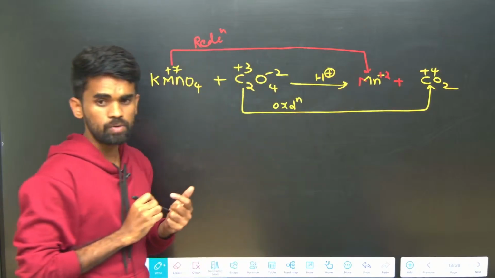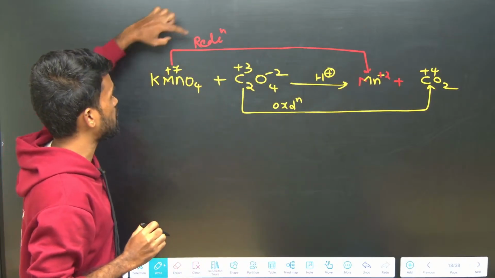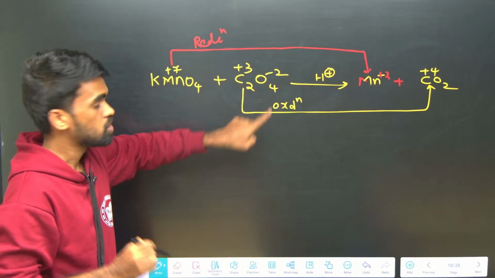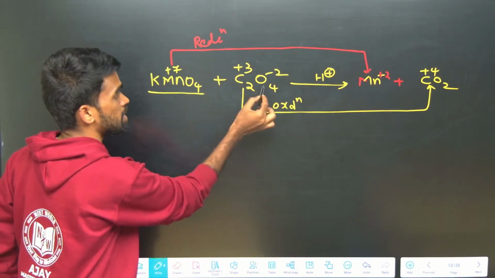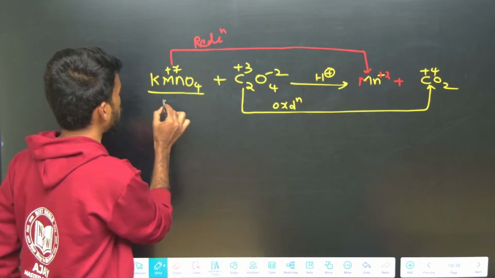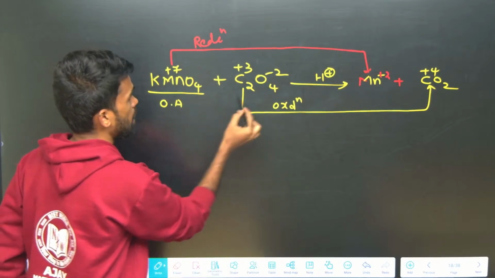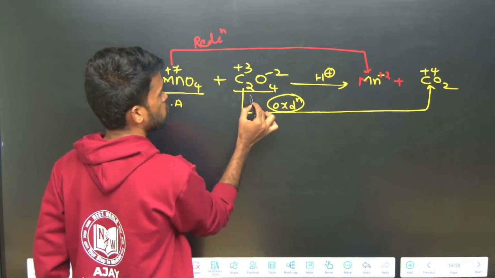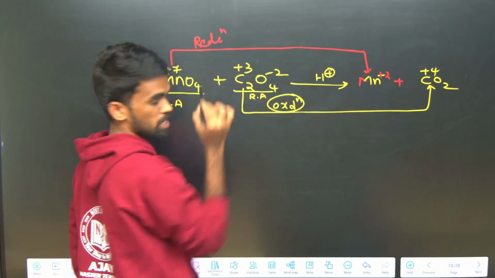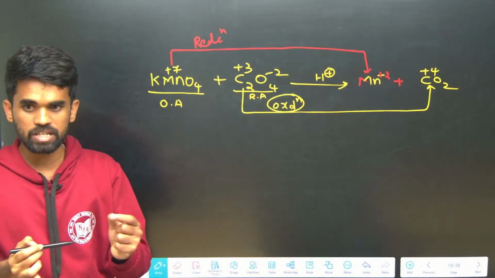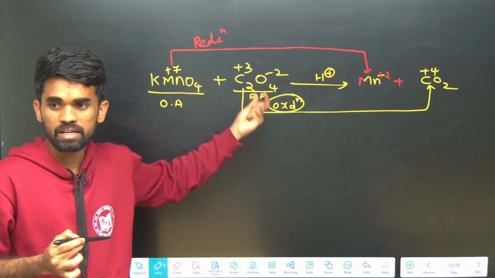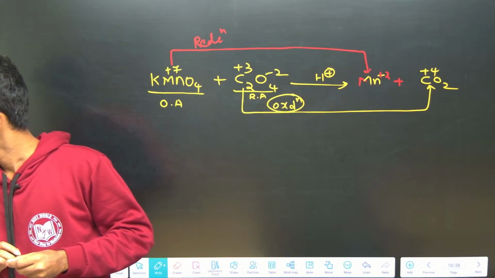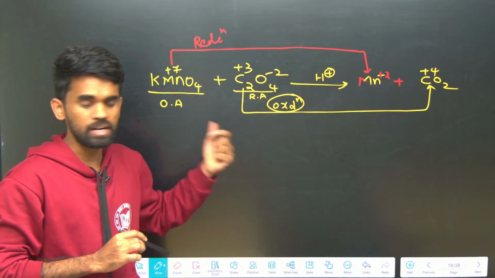The species which is undergoing reduction will oxidize others, so I can call it the oxidizing agent, and the species undergoing oxidation reduces others, so this should be called the reducing agent. During a redox reaction there will be one oxidizing agent and one reducing agent.